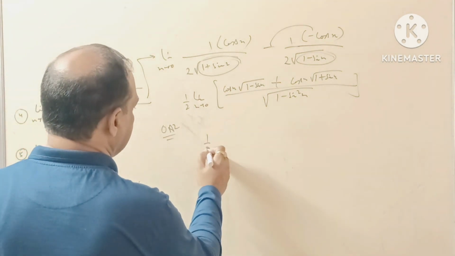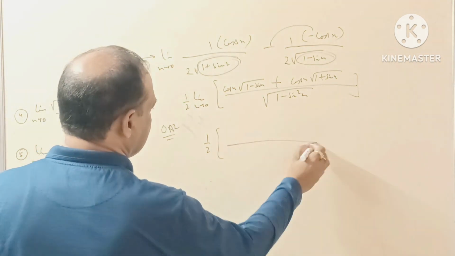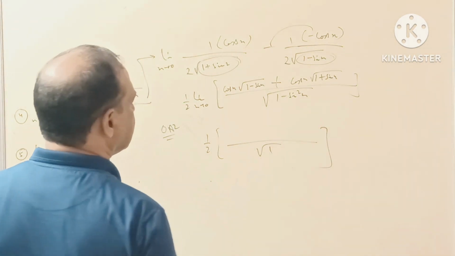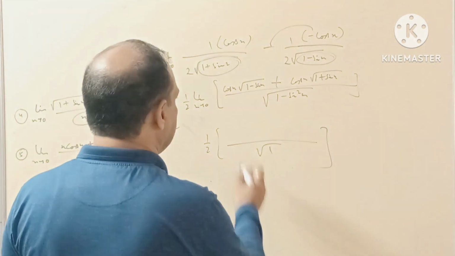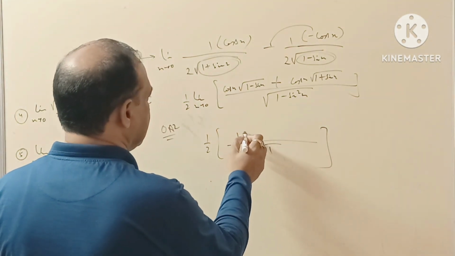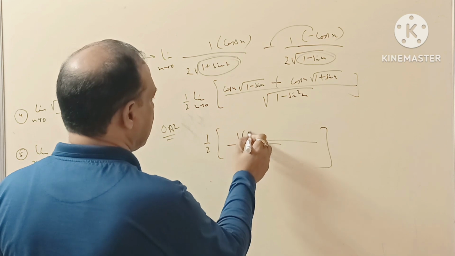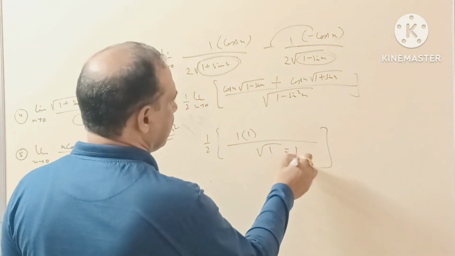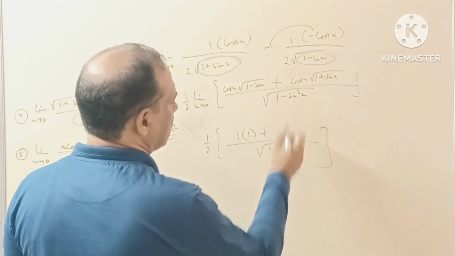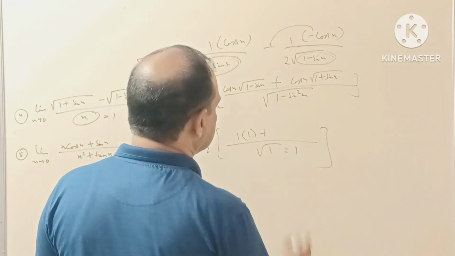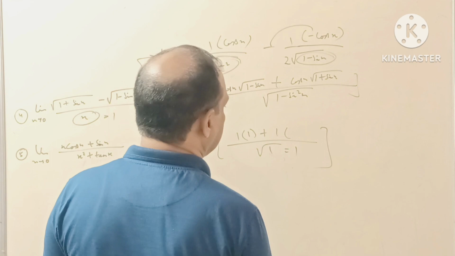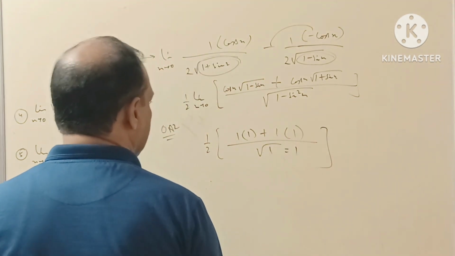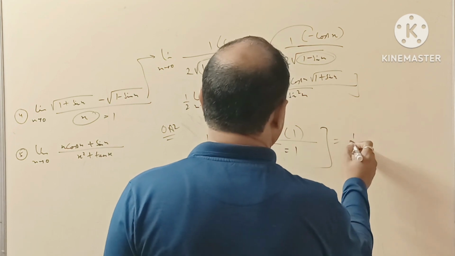Now 1 over 2 will remain outside. In the denominator you will be having under root 1 minus 0, which is 1, and in the upper part you are having cos x, which is 1, and under root again 1, and the square root of 1 is simply 1. Here you are having cos x as 1, and 1 plus sin x is again 1, so 1 plus 1 is 2, and half is coming outside.